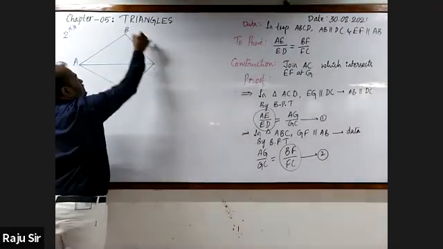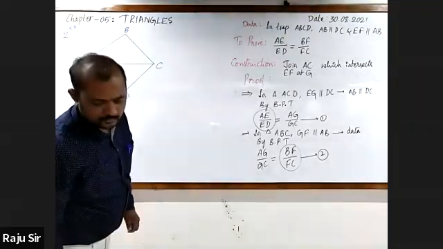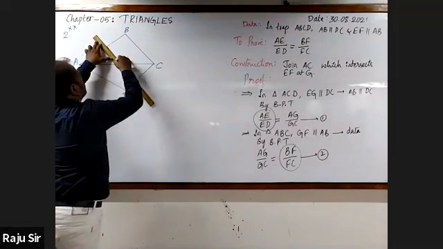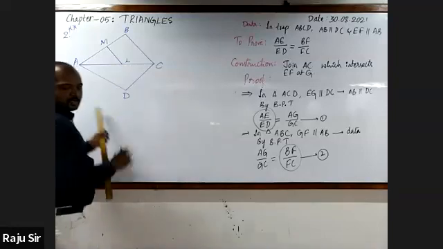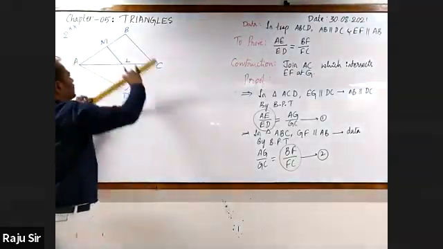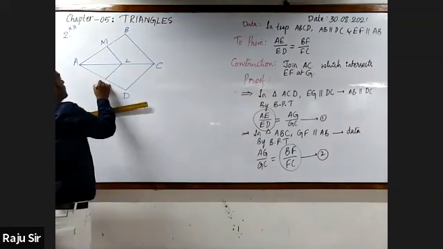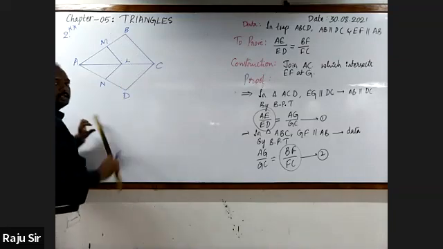This is A, this is B, this is C, and this is D. Here you draw a line, call it ML, and another line NL. Thus ML is parallel to BC, NL parallel to DC.